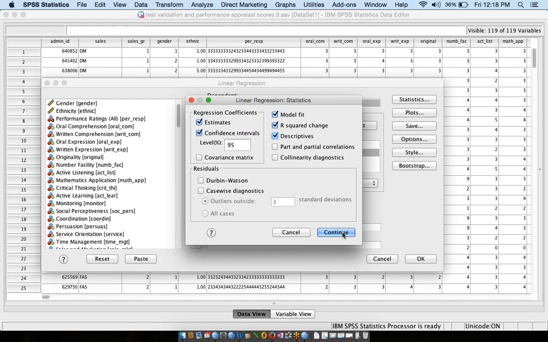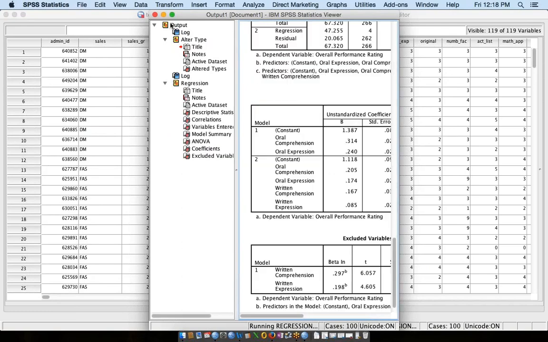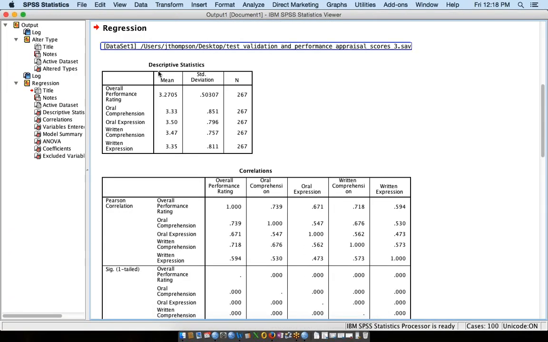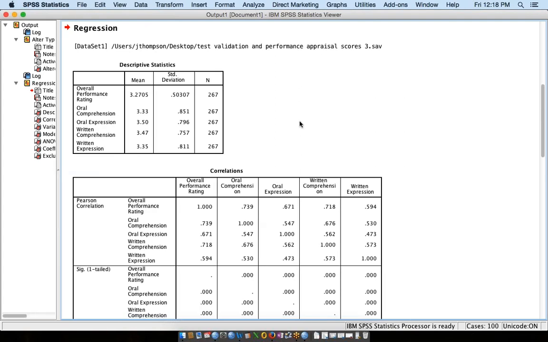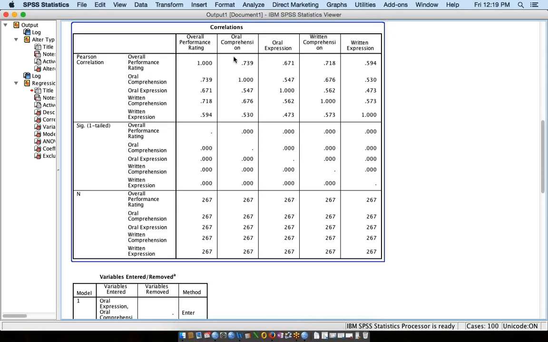I'm also going to hit descriptives. I think that's all I need. Okay. So my descriptives come up. That's going to be important for the correlation table. My correlations.